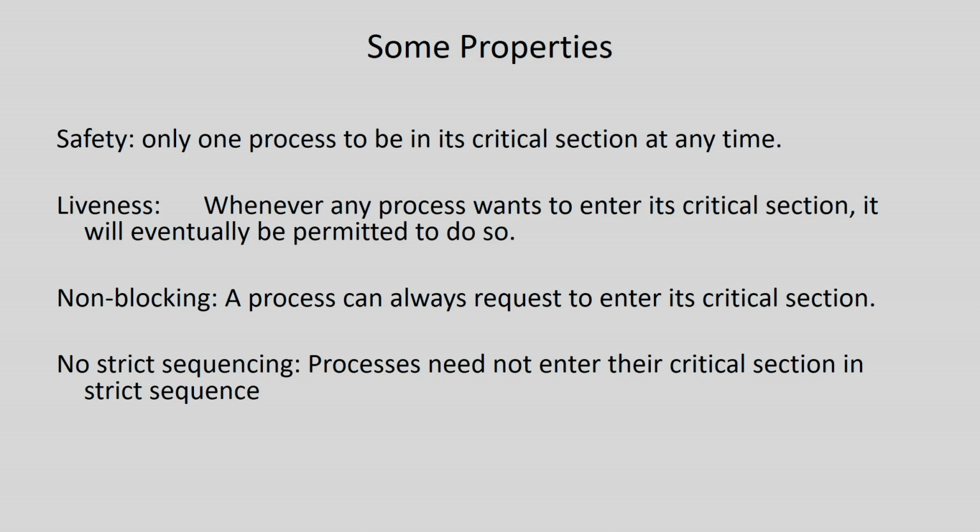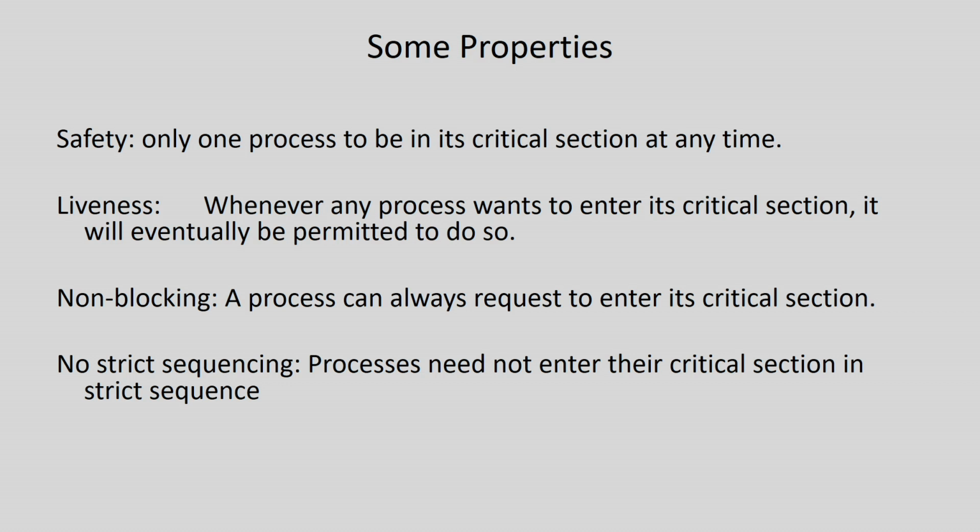What does it say? Whenever any process wants to enter its critical section, it will eventually be permitted to do so. So, if one particular process is trying to enter the critical section, eventually it must get a chance. If it is not getting a chance, that means we are denying the service. So, it must satisfy this liveness property.